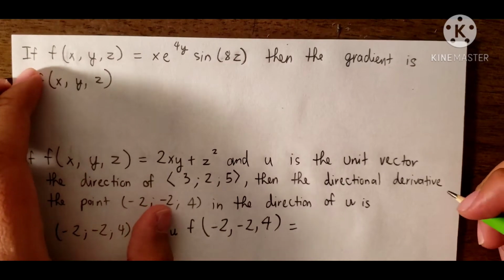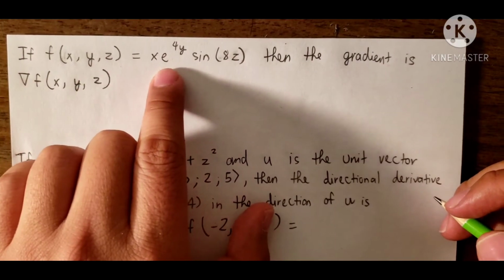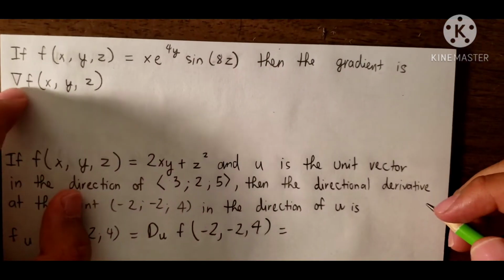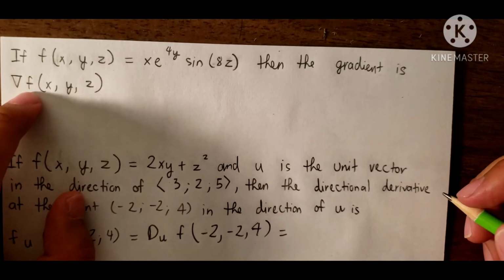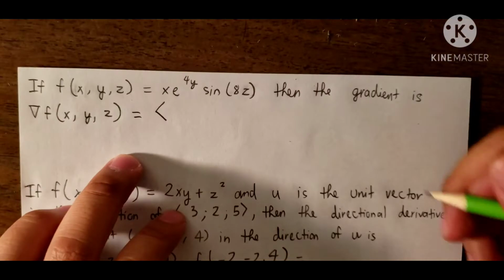Question number 1: if we have a function f(x, y, z) like this, then the gradient is the vector of first derivatives of the function f. Here we have the formula.